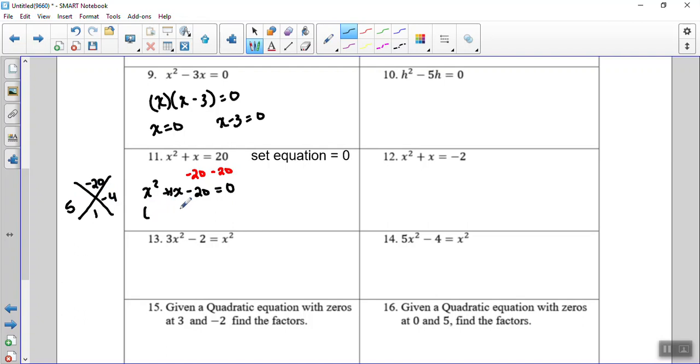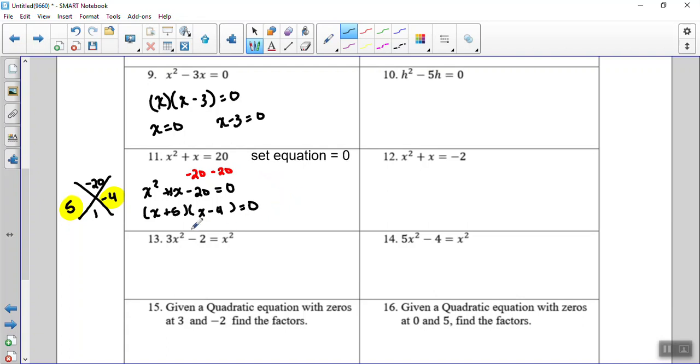So now I'm going to write it as a factor. So you have x plus 5 and then you have x minus 4, and that equals 0. Now we have to set each factor equal to 0.